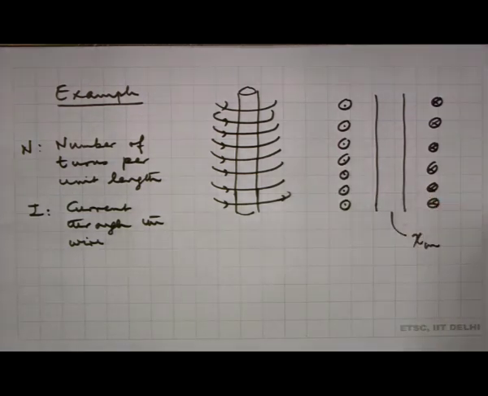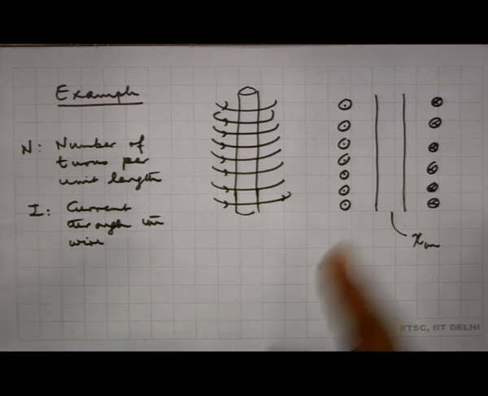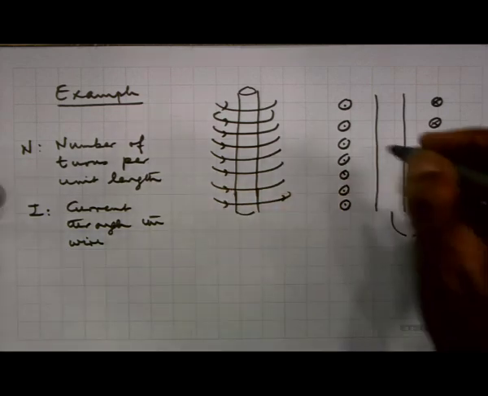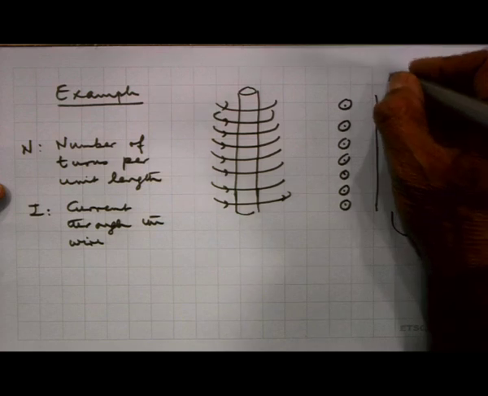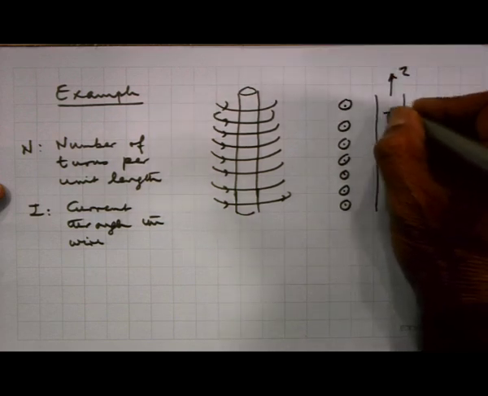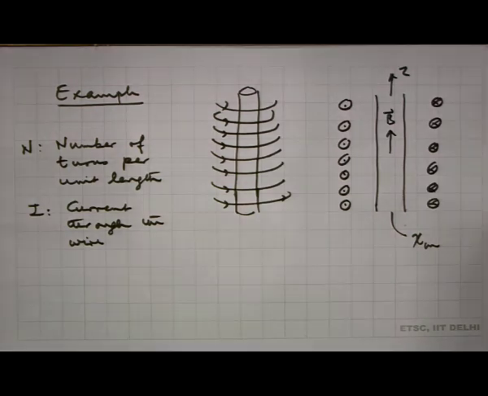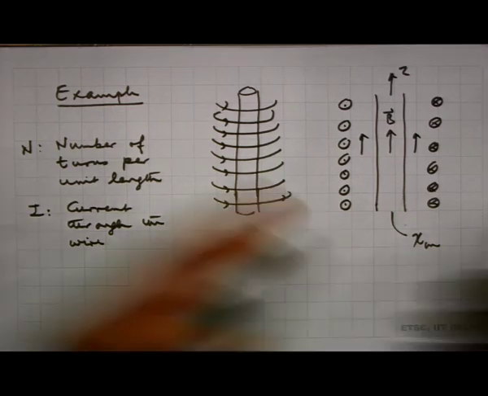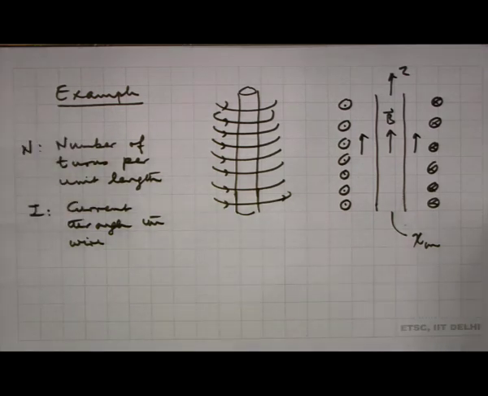Now, the first thing that we notice is that the moment I pass the current, the magnetic field generated by the current in the solenoid is in this direction. This is the z direction. So, the magnetic field will be in this direction everywhere inside the solenoid. Of course, outside the solenoid there is no magnetic field, as we have seen before.